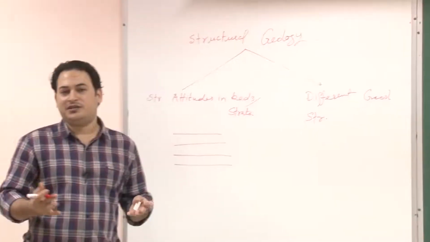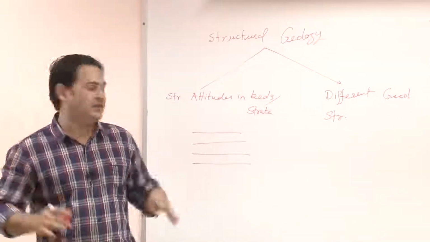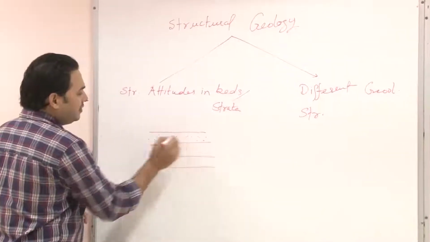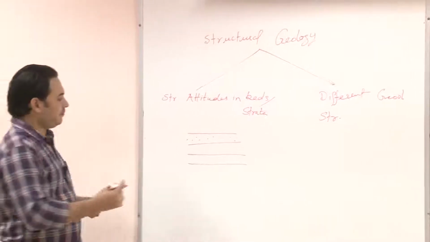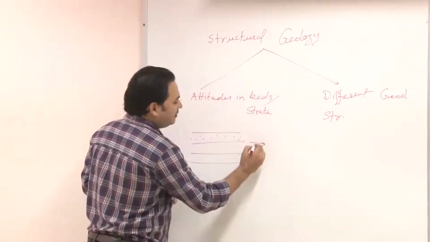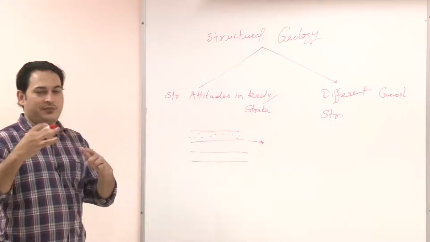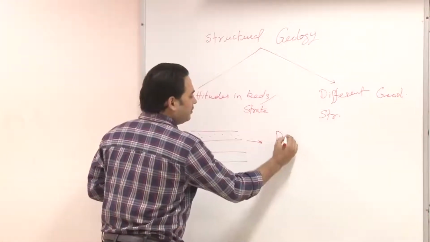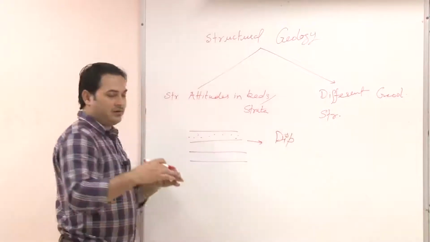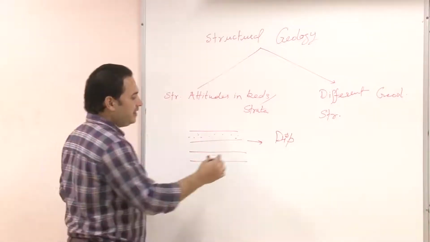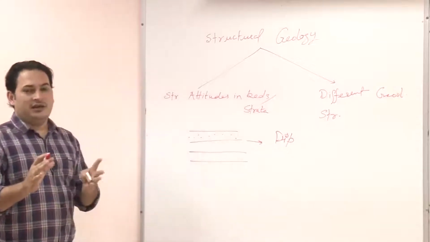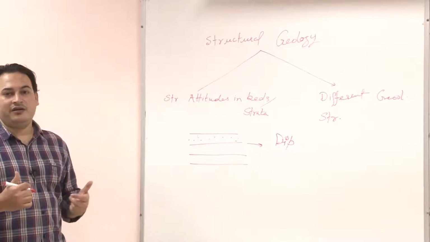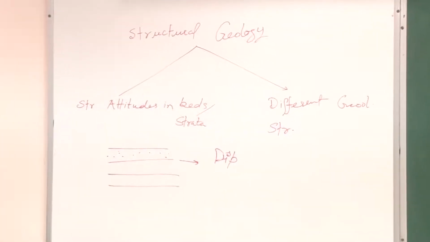Under normal conditions, they deposit usually in a horizontal manner, without any dip or plunging. This is the thumb rule of stratigraphy and the principle of uniformitarianism.